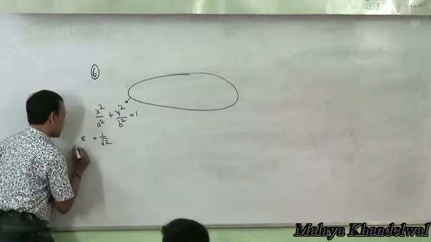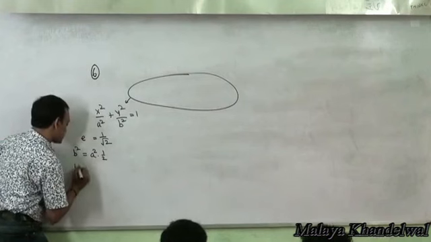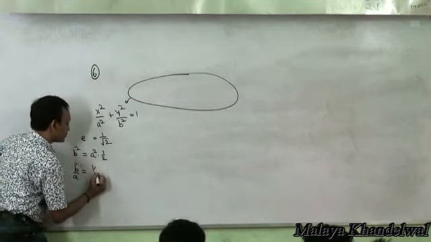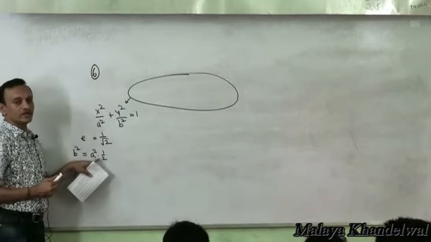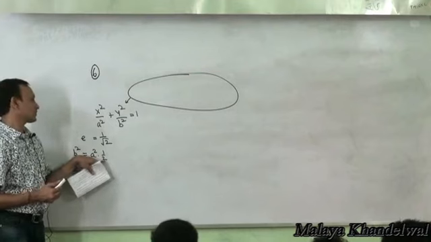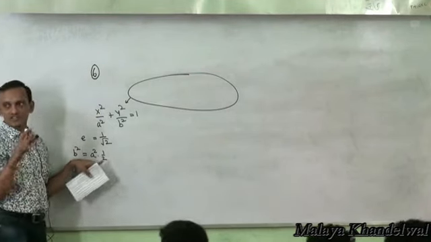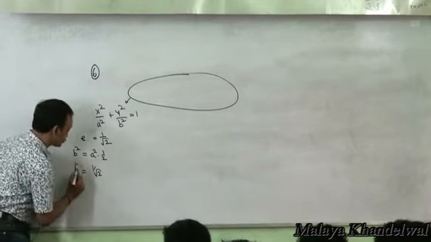So b squared is a squared into half, because b squared is a squared into 1 minus e squared. 1 minus e squared means 1 minus half, so half. So b by a is 1 by root 2.